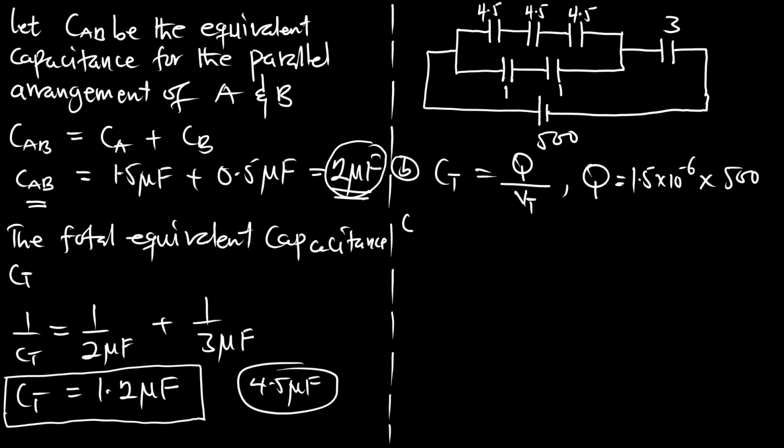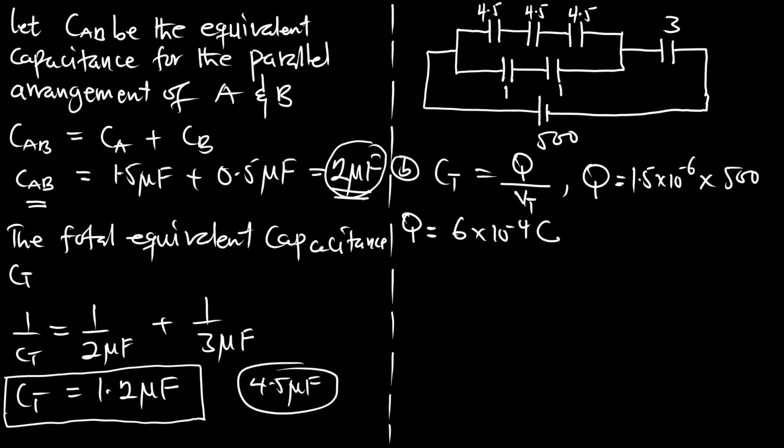So the total charge in the circuit is 6 times 10 to the power -4 coulomb. This is the charge being produced throughout the circuit.